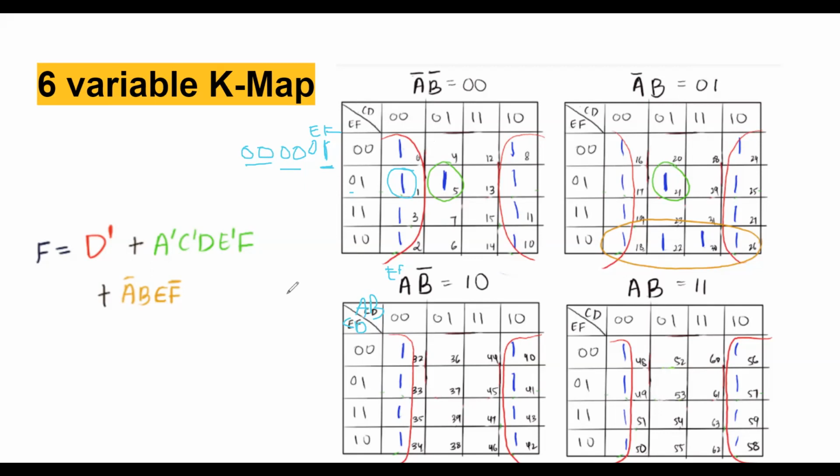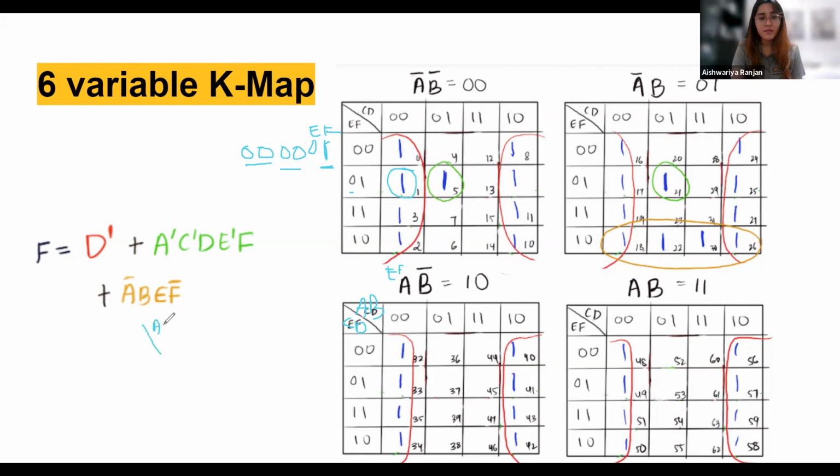Yeah. Okay, I see. So if you have A, B over here, C, D, this is 0, 0, then 0, 1, 1, 1, 1, 0.